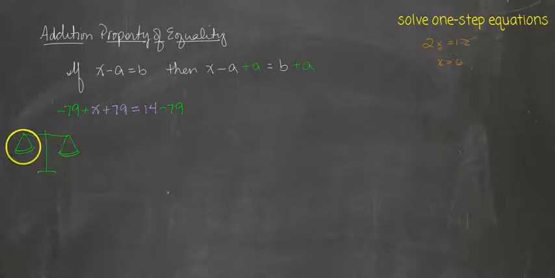If I put a nickel on this side of the scale, it's obviously going to tilt down on that side. But if I put the same exact mass nickel on the other side of the scale, this whole thing is going to stay in balance. So it doesn't change anything as long as I do the same thing to both sides. And that's all this says, is that the equality holds true as long as I do the same thing to both sides.